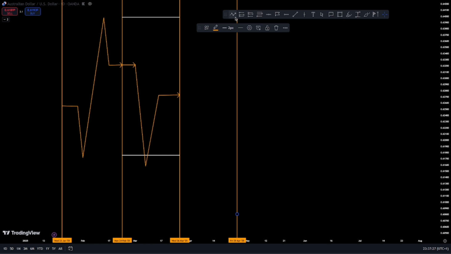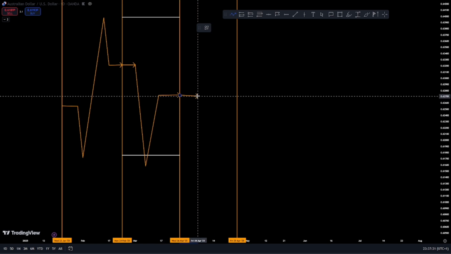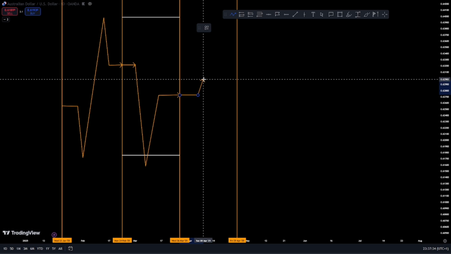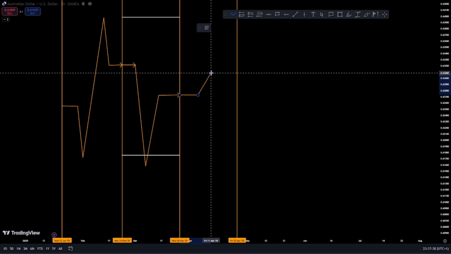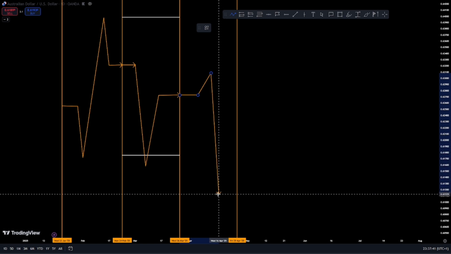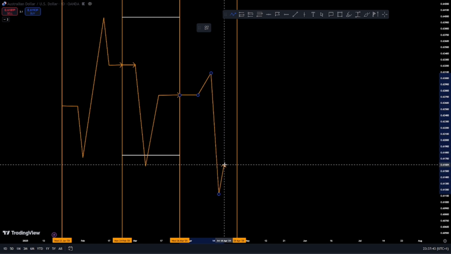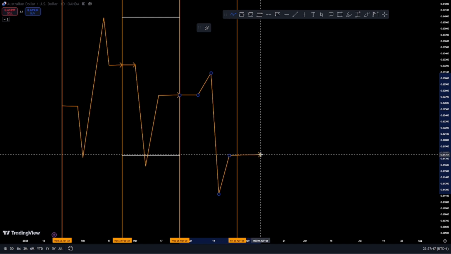And of course, let's imagine this candle opened here and then went up a little bit to create expensive. At this point now, we can say, okay, price is expensive, and then it dropped, and then went up a little bit and then closed.